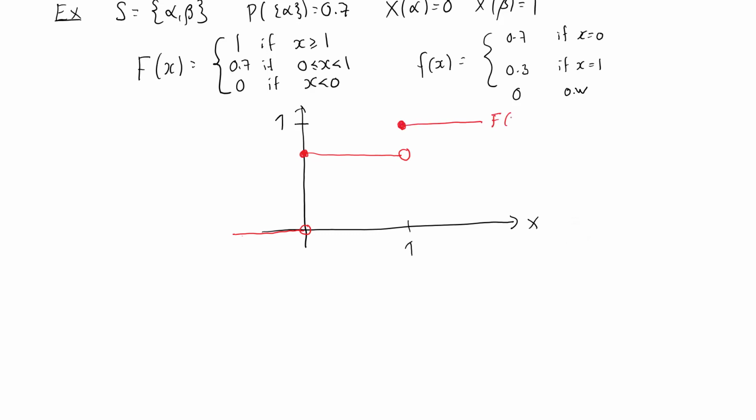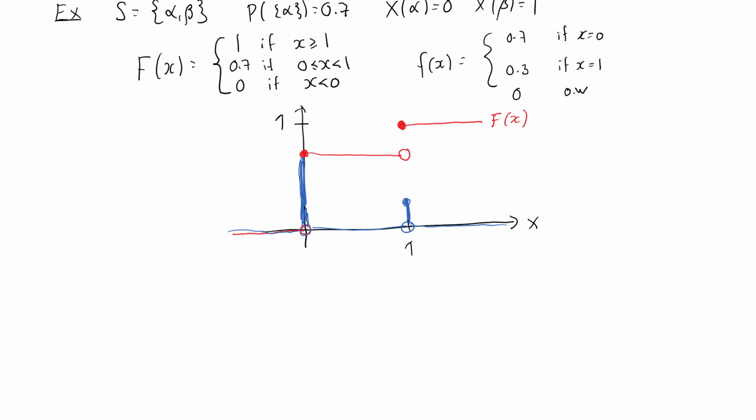So this is our F of x. The PMF is 0.7 here, so we'll just draw a thick blue line here. And it's 0.3 here. And outside these values, it's 0 all the way here and here.